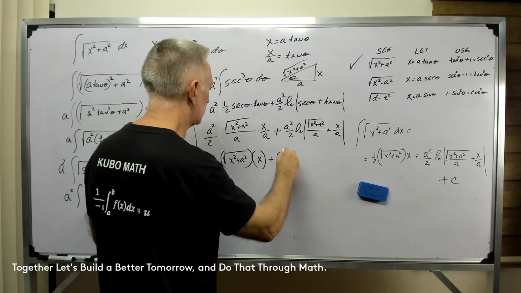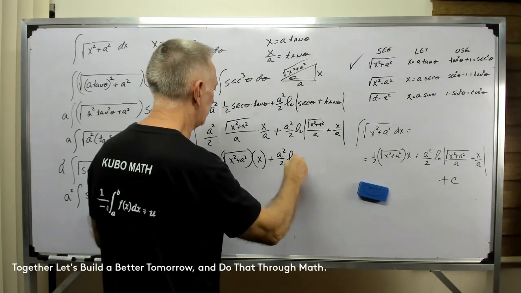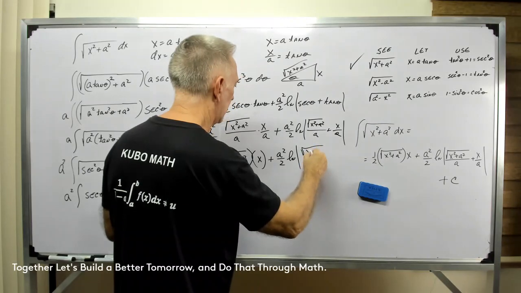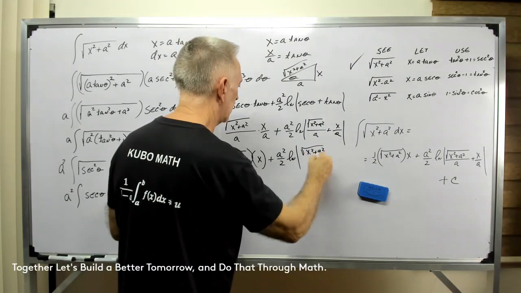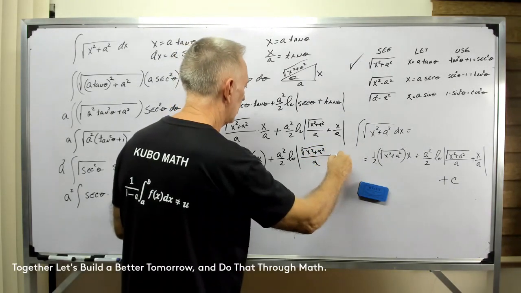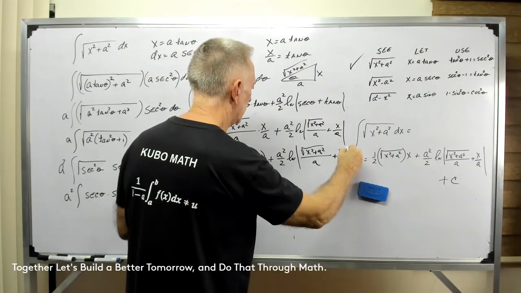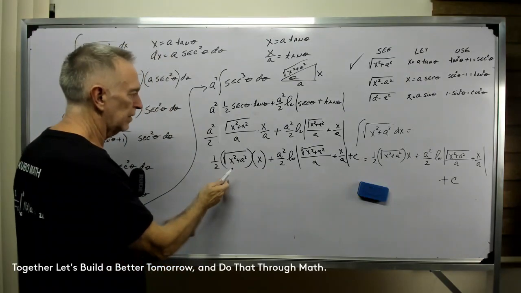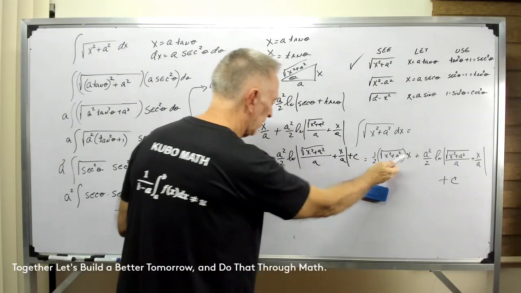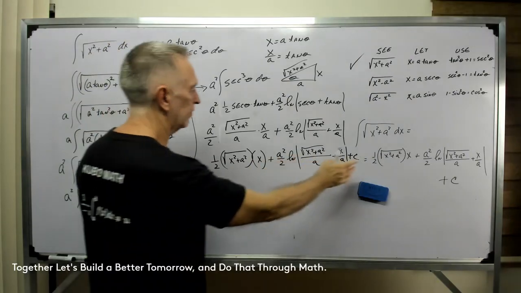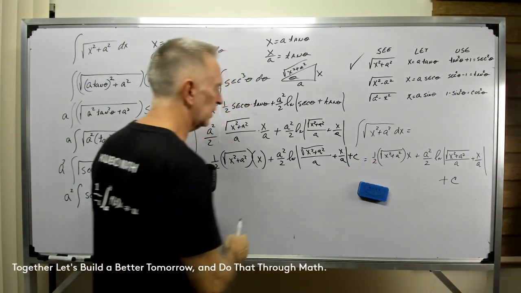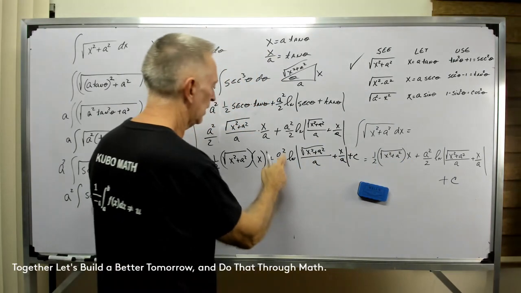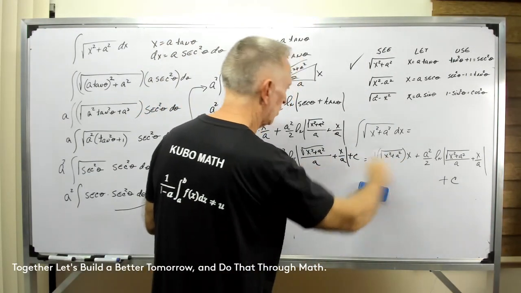Plus a squared over 2 times the natural log, the absolute value of square root of x squared plus a squared over a plus x over a plus c. Okay, this should be that. 1/2 x squared plus a squared, the square root of that times x, a squared over 2, natural log, yep, that's it.